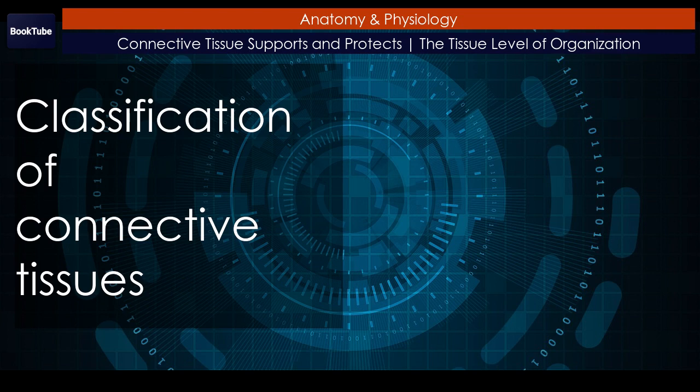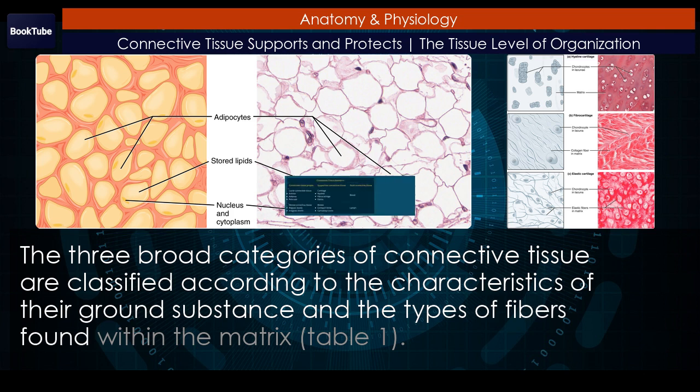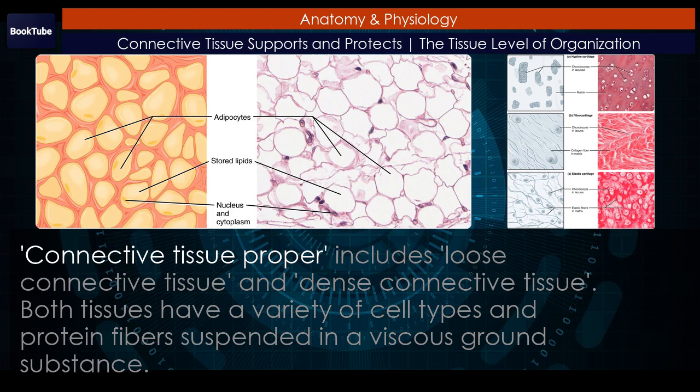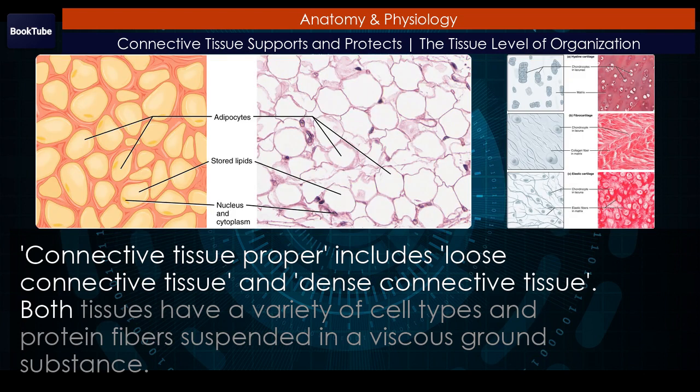Classification of connective tissues. The three broad categories of connective tissue are classified according to the characteristics of their ground substance and the types of fibers found within the matrix. Table 1. Connective tissue proper includes loose connective tissue and dense connective tissue.